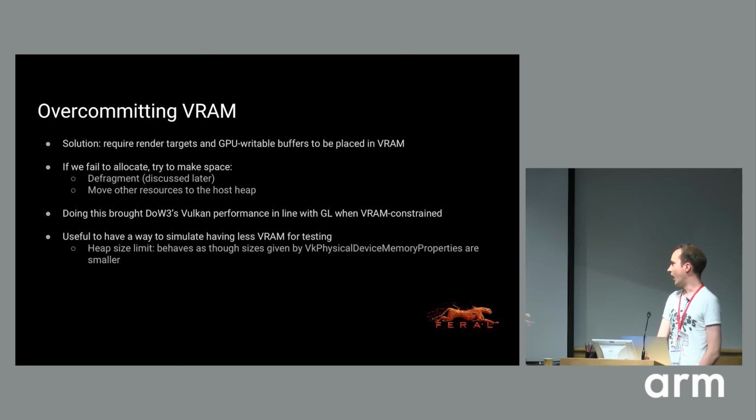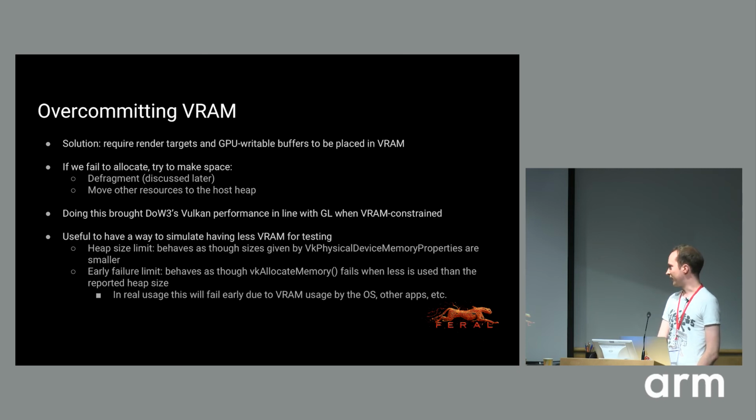First was a heap size limit, which behaves as though the VK physical device memory properties returned by the driver are returning a lower size than the real heap size, because we have a few places where we make decisions based on the reported heap sizes. So having that limit tests the behavior of those decisions.